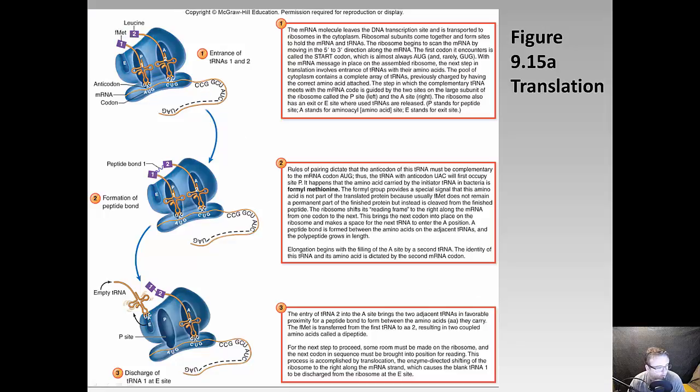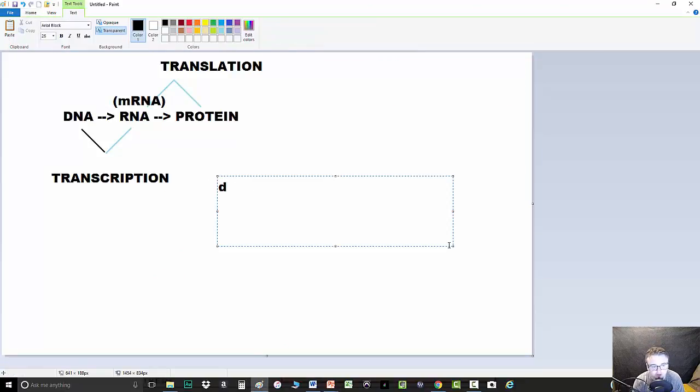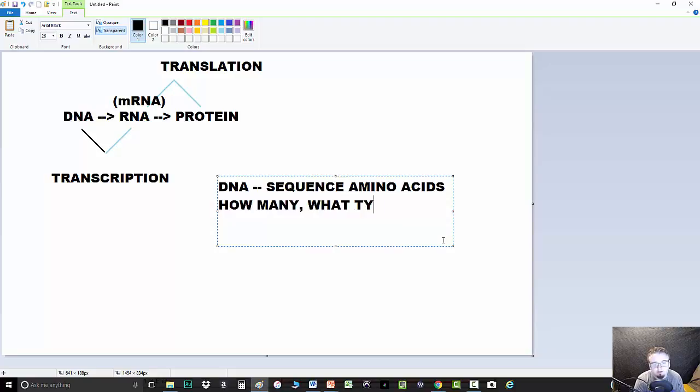So to clarify, what a structural gene is saying is that we have a sequence of amino acids. The DNA is essentially spelling out a sequence of amino acids, in reference to how many, what types, and what order.